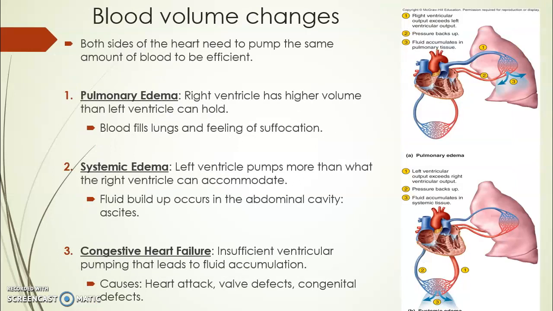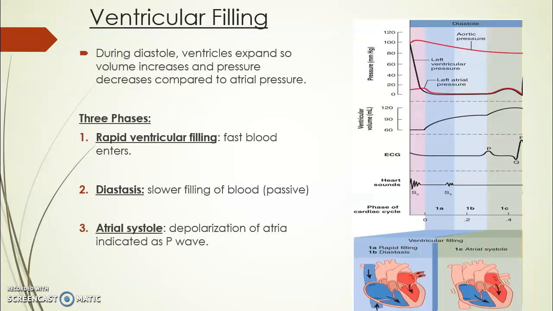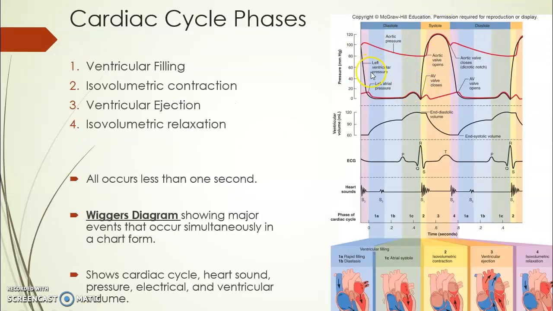Okay, so from here, now let's go back to that first one real quick, just to go through as we are looking at the left ventricular pressure and the left atrial pressure.